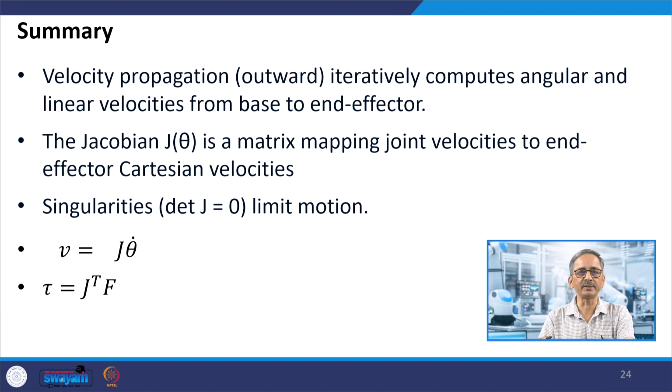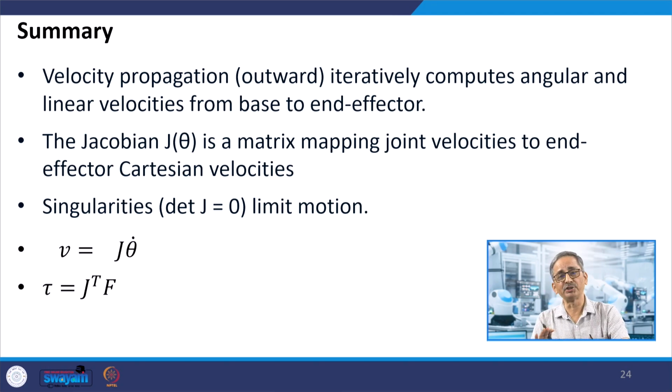So, to summarize, we have seen how velocity propagates, angular velocity and linear velocity, from one frame to another frame or one link to another link. We have evaluated the Jacobian, which is a matrix mapping from the joint velocities to the Cartesian velocities. That is done, and the singularity limits our motion.